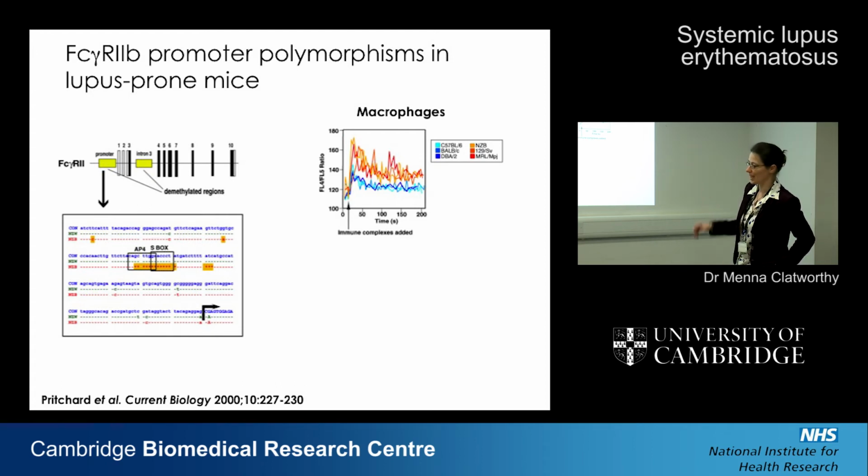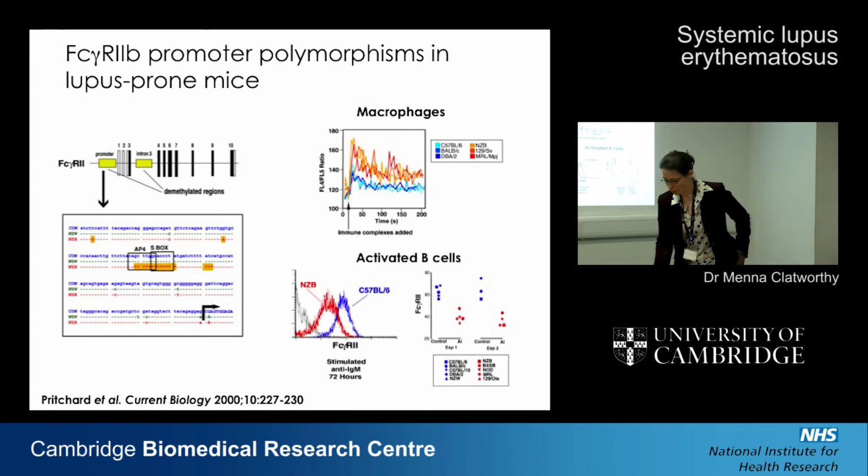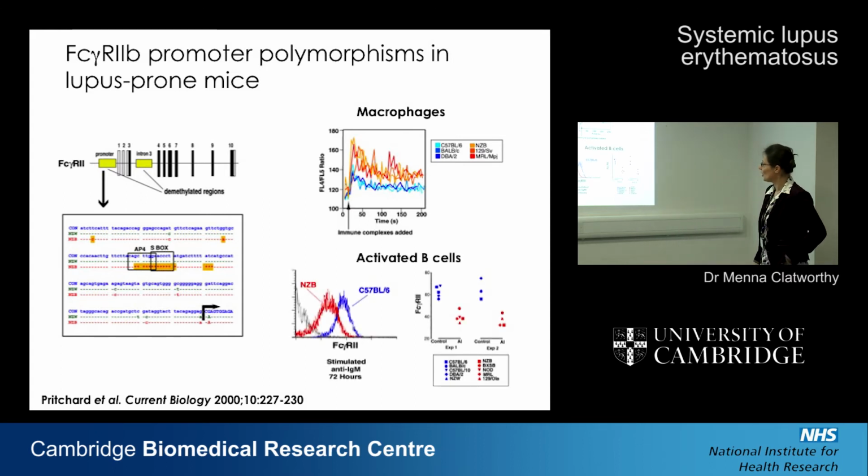This is just shown by calcium flux. If you put on immune complexes, the cells get activated more exuberantly. We were also able to show that B cells similarly were hyperactive following immune complex stimulation.